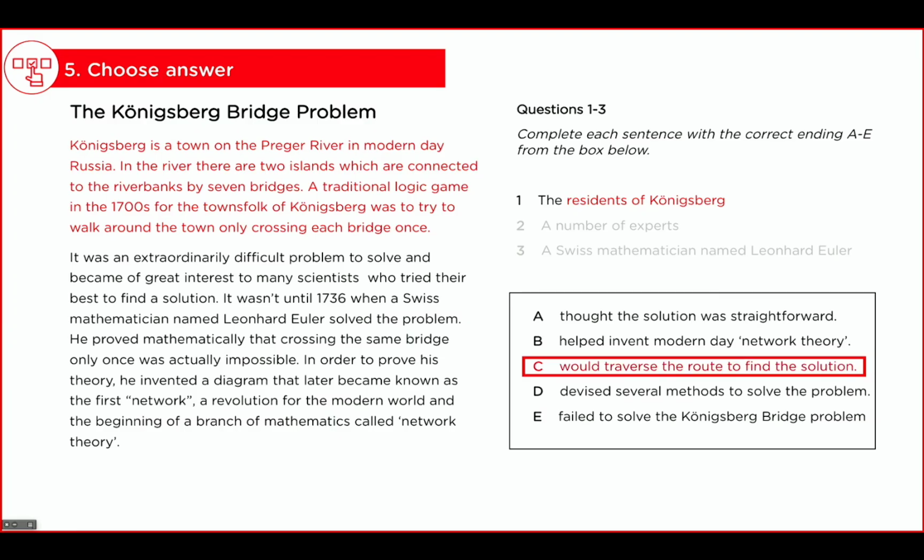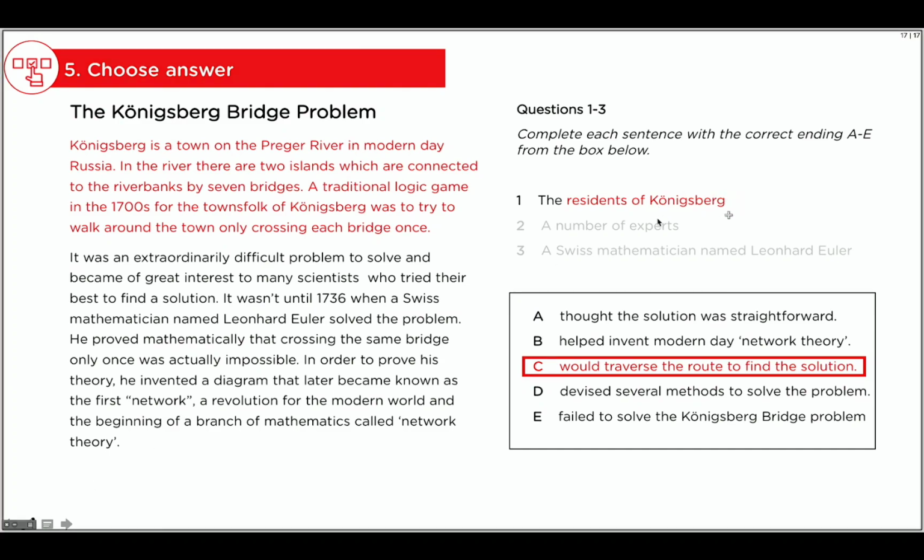The correct answer is C here, and the reason is because the residents of Königsberg would traverse the route to find the solution. Here it says, a traditional logic game in the 1700s for the townsfolk of Königsberg was to try to walk around, traverse the town, only crossing each bridge once. So basically that says the same thing as that there. Cool bananas, I think you've got it.